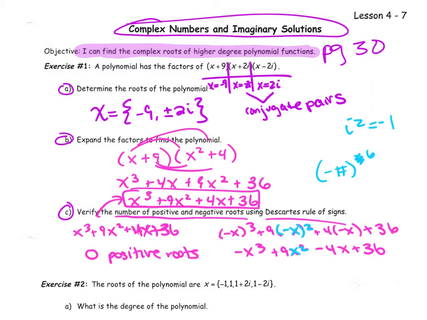Any kind of even exponent, the outcome will always be positive. It's when we raise a negative value to an odd degree that the result will be negative. Okay, so let's see how many sign changes we see here. I see 1, 2, 3. So that means we have 3 or 1 possible negative roots.